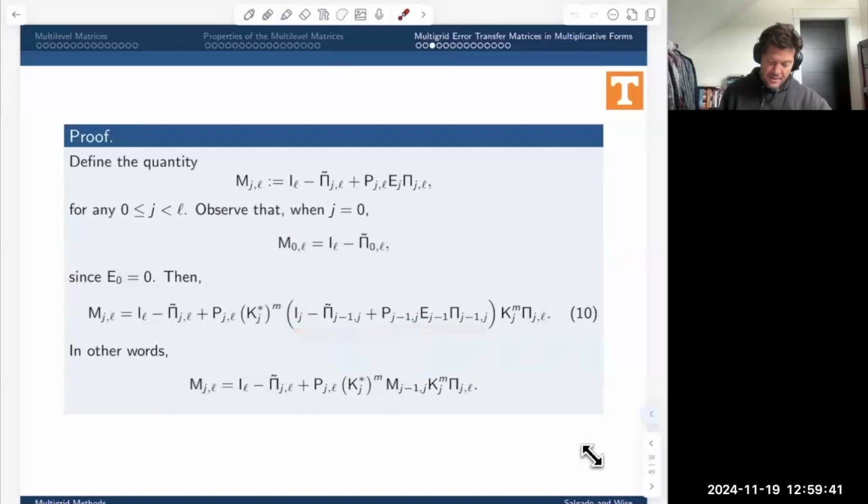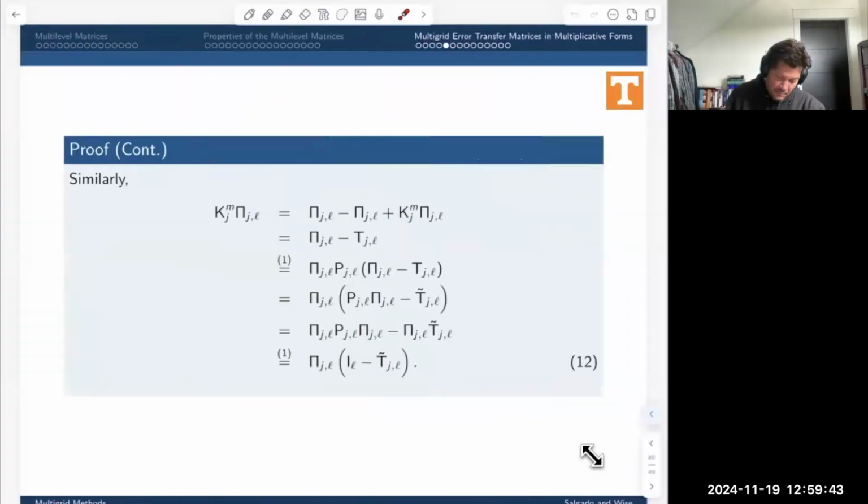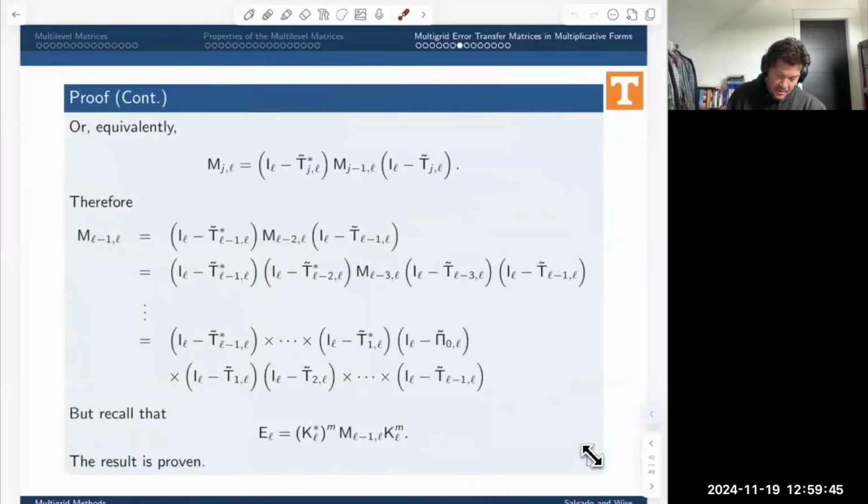We want to characterize how that thing looks, and we successfully characterized how it looks. We could show that it satisfies this recursive identity. So M_J^L equals these error T matrices times M_{J-1}^L. So this is the one level down.